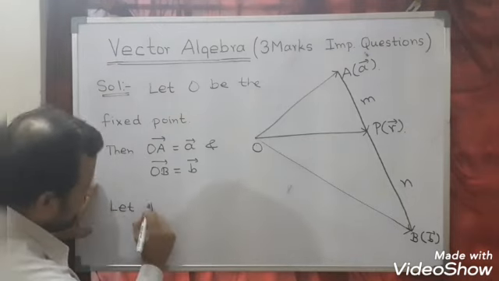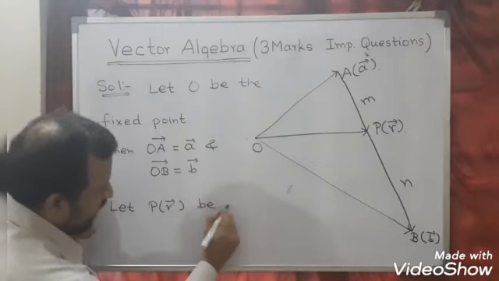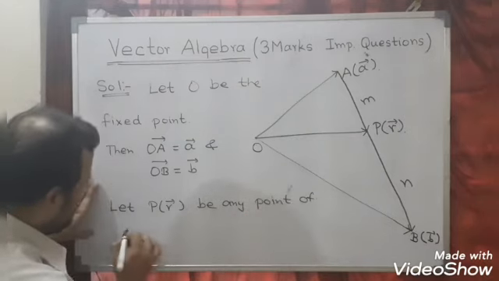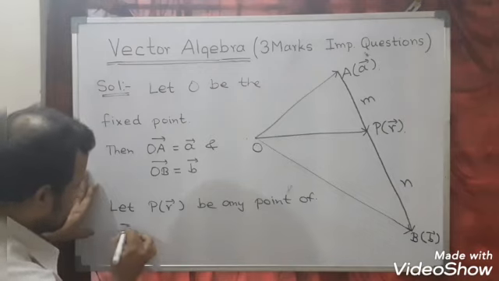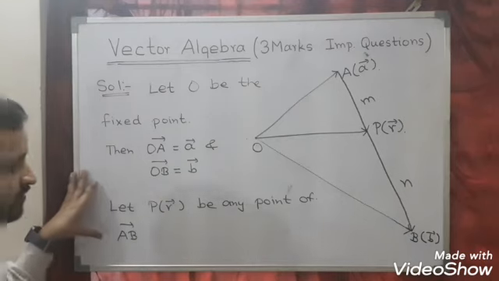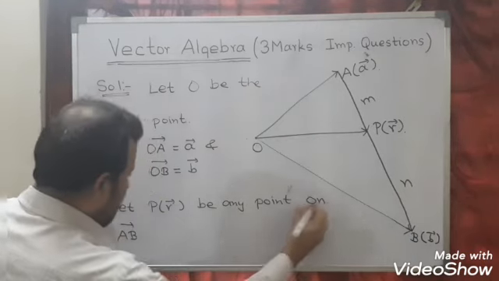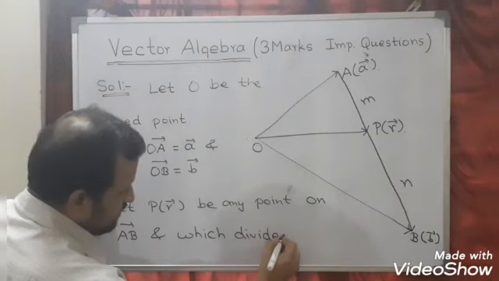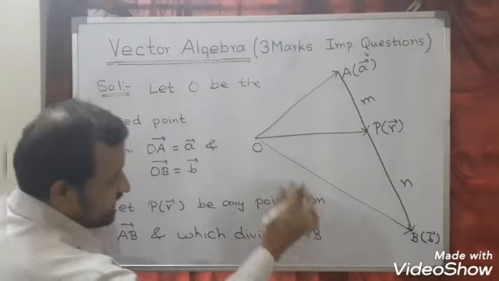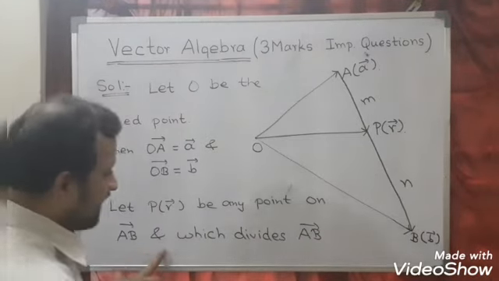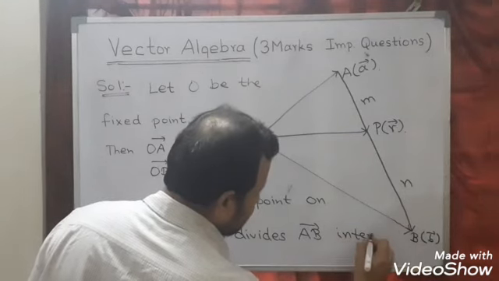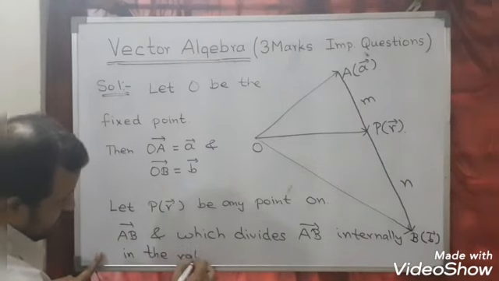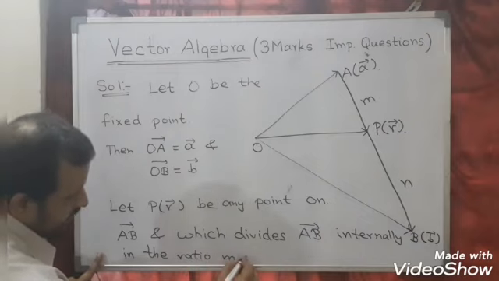Let P, with position vector r, be any point on AB, and which divides AB internally in the ratio m:n.